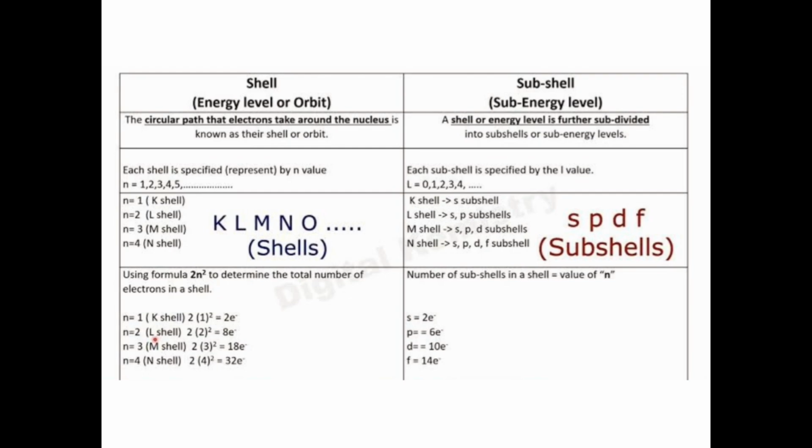L can contain 8, M can contain 18, and N can contain 32. But for subshell, we just have the value to be n. S can contain 2, p 6, d 10, and f 14. So this is a major difference between the shell and the subshell notation.